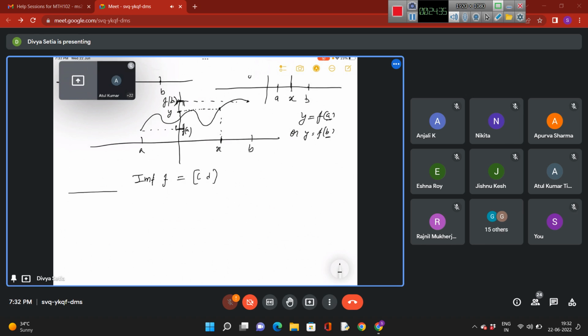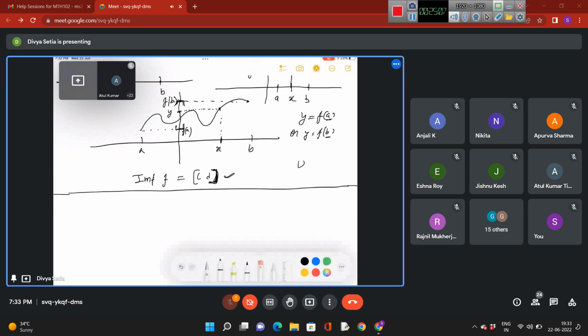This result is true, that the image of f is a closed and bounded interval, but you still need more theory. Later on, if you get a chance to study topology on these real spaces, then you will see that every continuous function maps a connected set to a connected set. So just leave it for now.